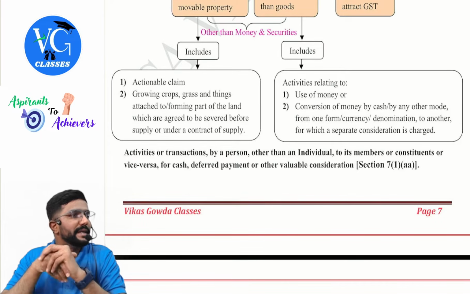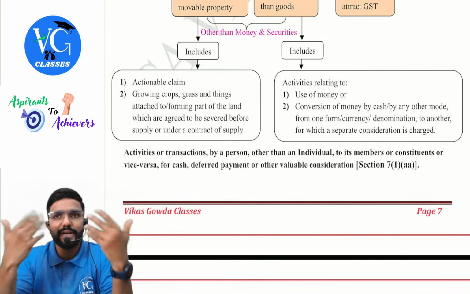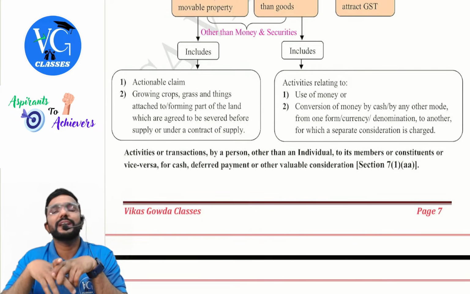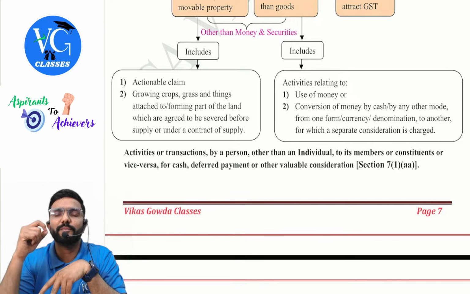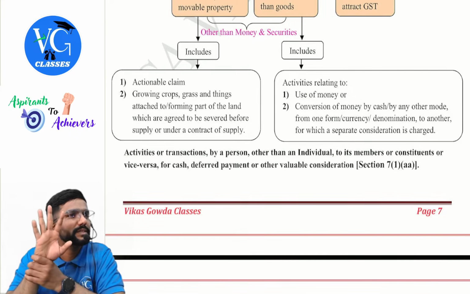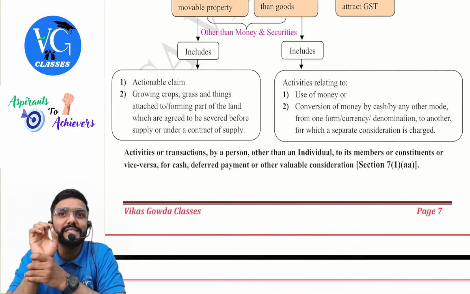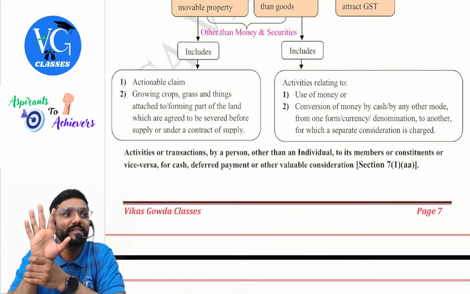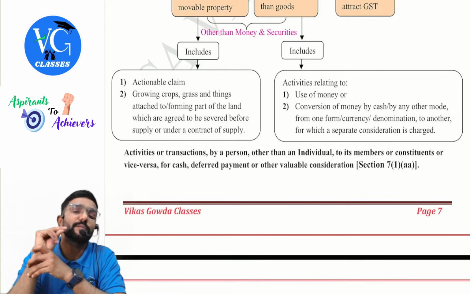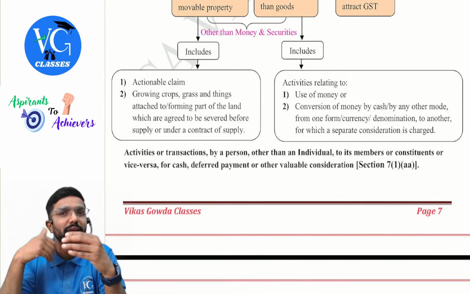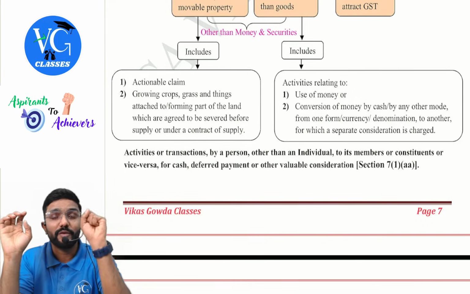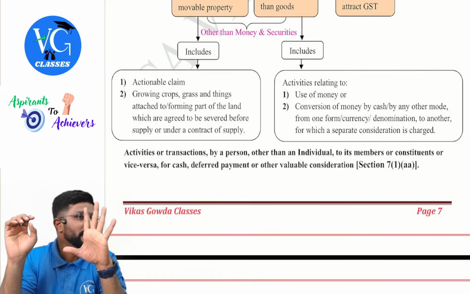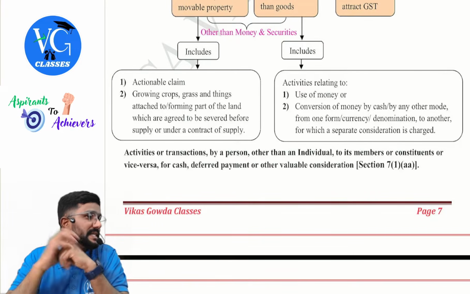I gave 1 lakh and they gave a DD with a face value of 1 lakh. And for this, the bank charged me 500 rupees. Is it a service? Yes. Whatever they charge, 500, is a supply of service by the bank. Now, sir, I gave 1 lakh and they gave a DD. For 1 lakh is GST applicable? No, no. Only for 500, where they charge separate consideration.